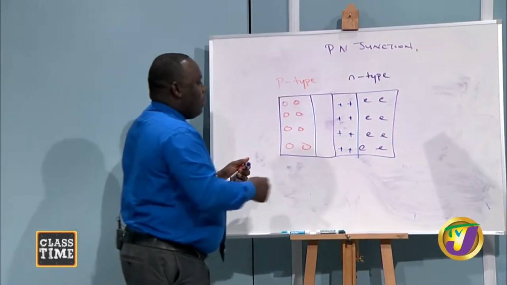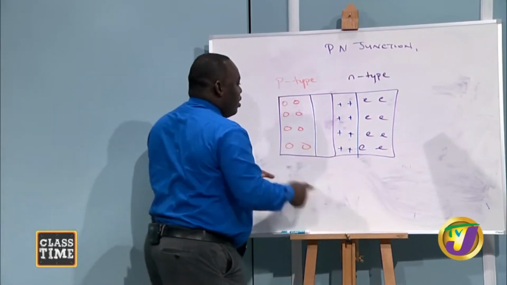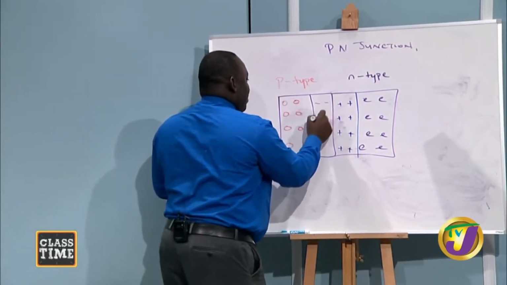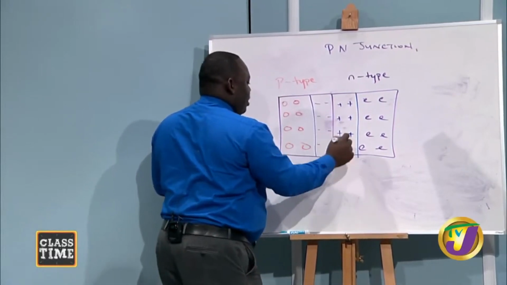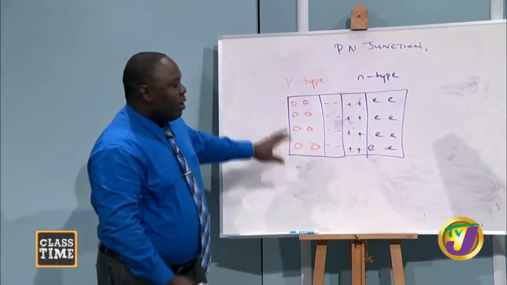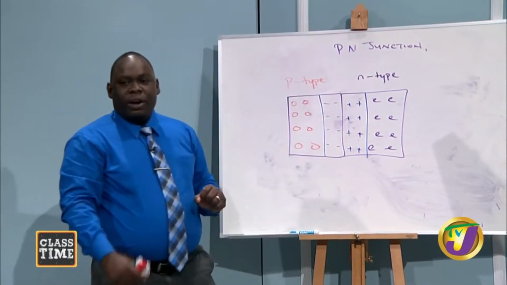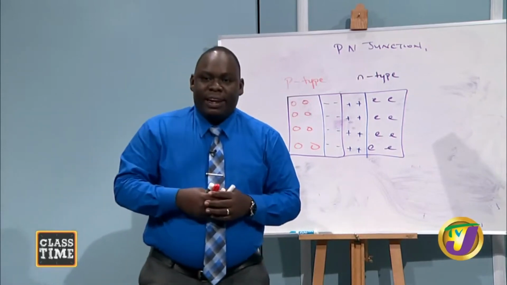And then now we will have these negative charges wandering over to where our p-type is, because we have attraction taking place. So what we're going to be doing is to encourage you to read up on these things, and we are going to be looking forward to see you again in the near future.